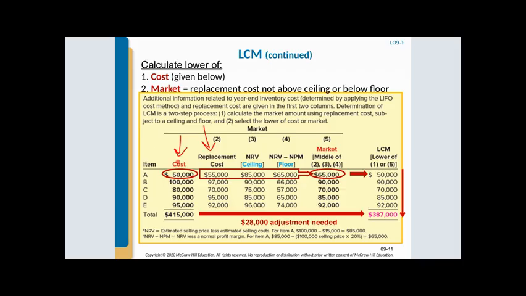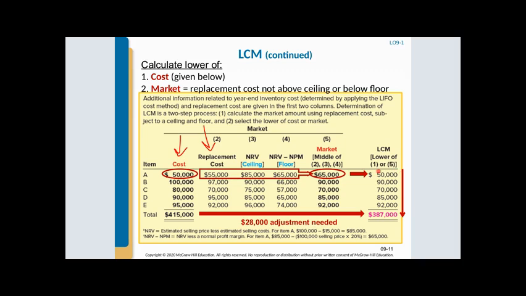So cost is lower than replacement cost, and cost is lower than the floor. But if we were to choose the floor, then we would have to write up the cost, and we cannot do that. So even though cost is lower than the floor, we're going to choose cost.